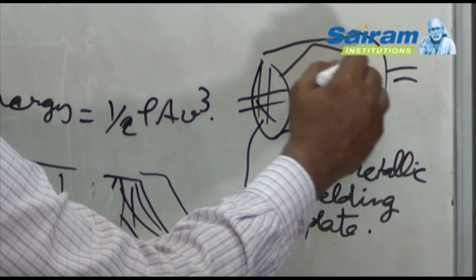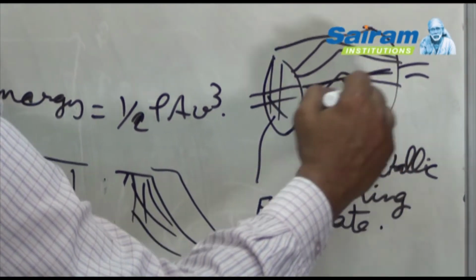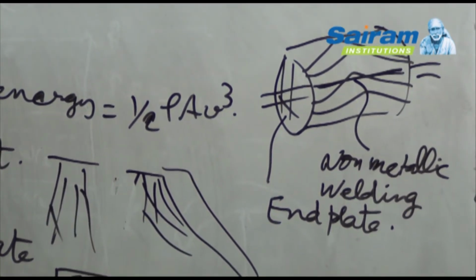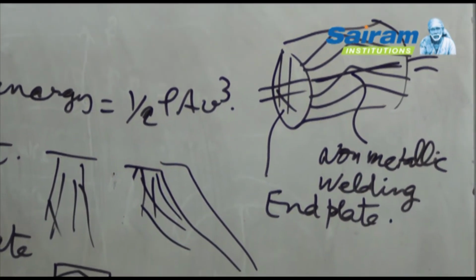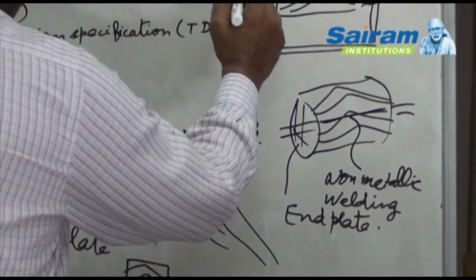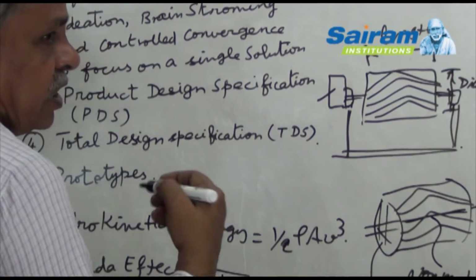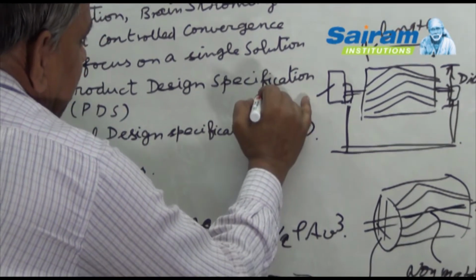The chevron profile is separately made, and again using non-metallic welding, it is welded onto this. At the end of the shaft, we use a very small gearbox to increase the speed, because when we put anything in the water, the speed reduces. So this is a speed-up gearbox.